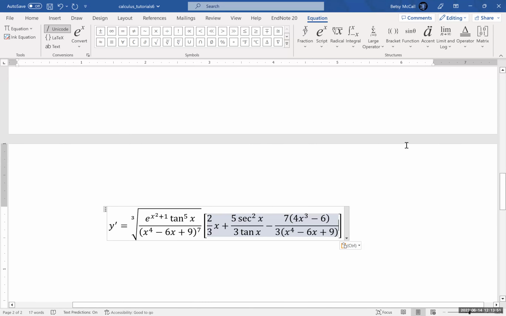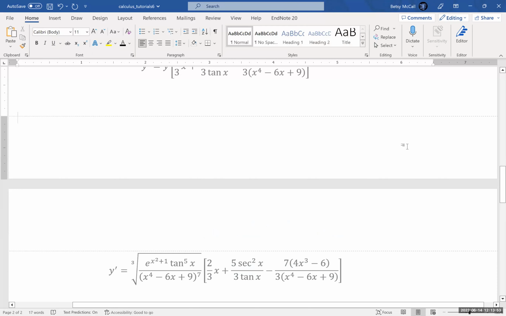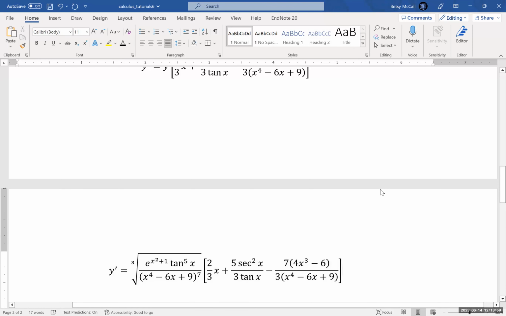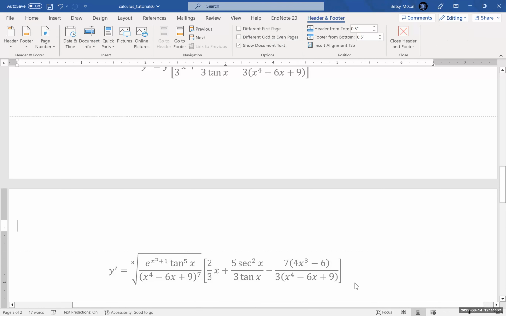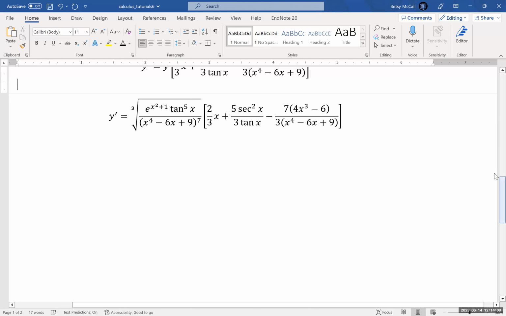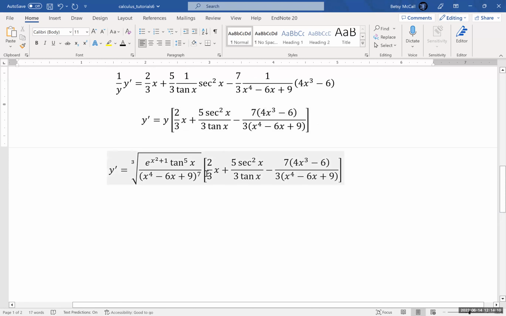And so we end up with this expression. We end up with this expression. So again, the original function appears in the derivative, but then also an expression that is derived from our logarithmic differentiation process.